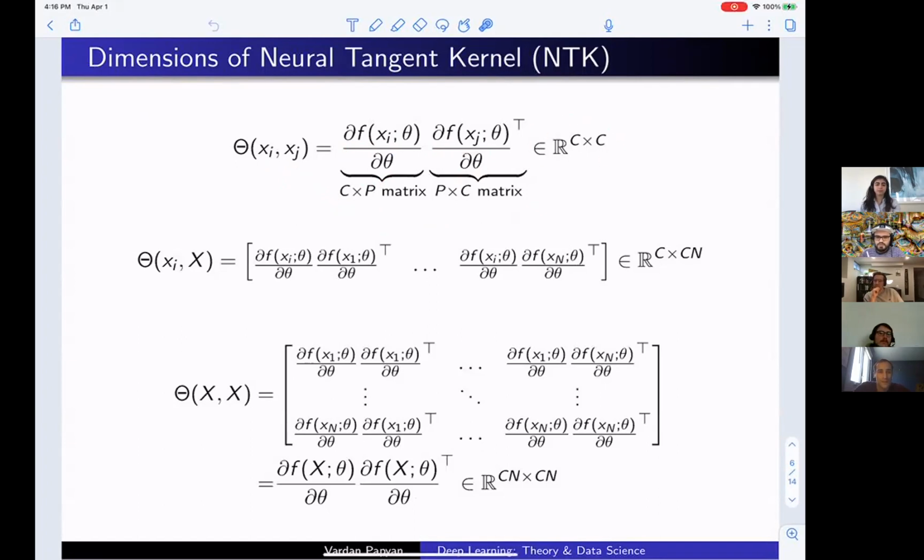For those of you doing the homework, in the last homework it's very beneficial to calculate the dimensions of these different Jacobian matrices. So for example, df over d theta would be a C times P matrix, right? C times P.